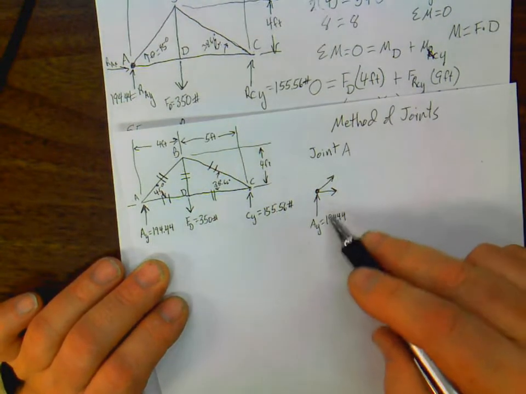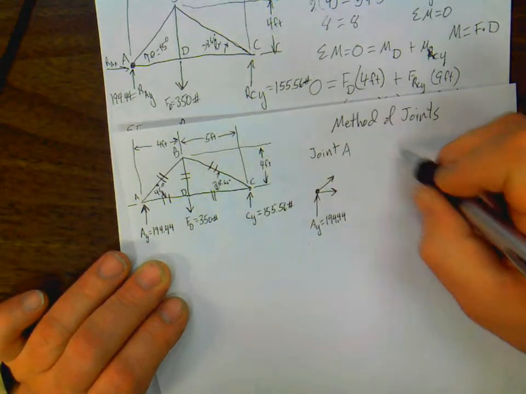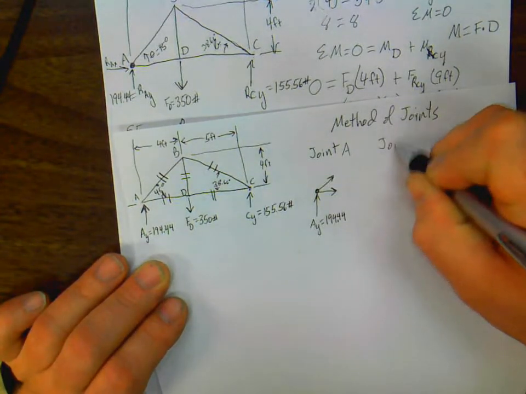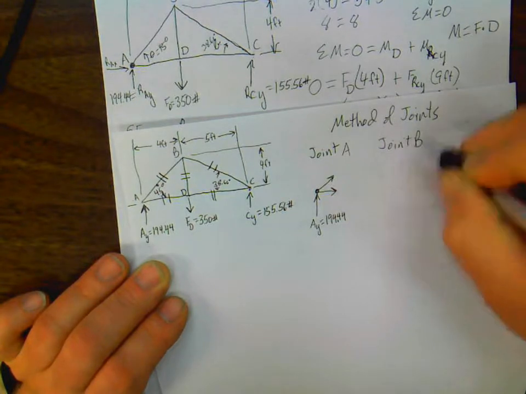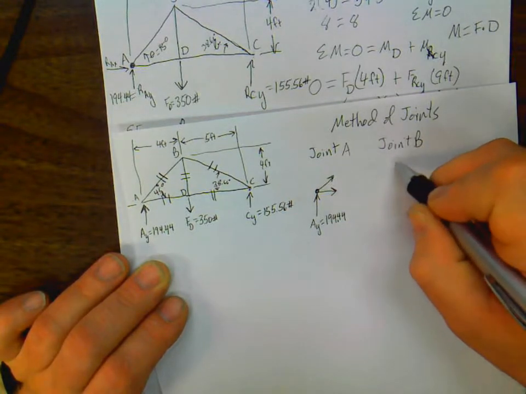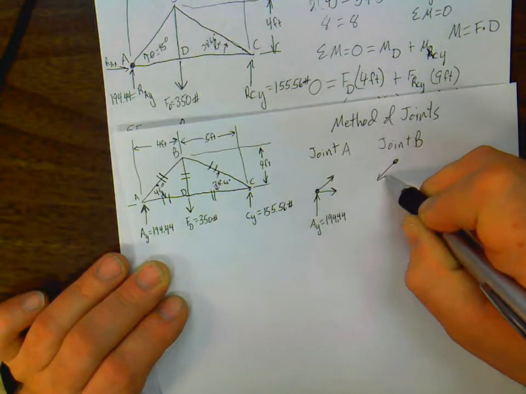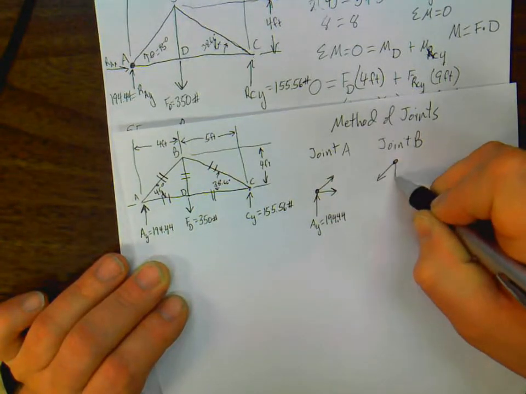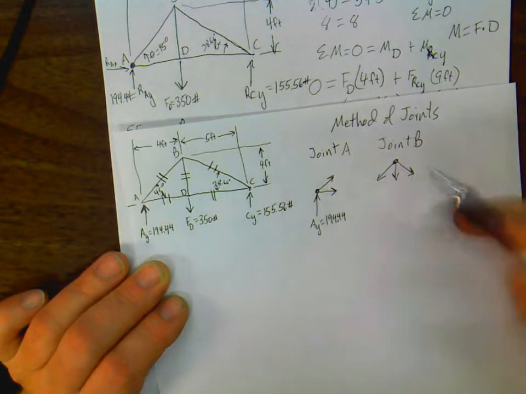So we're going to draw the free body diagram of joint A. We're going to draw the free body diagram at joint B. And at joint B, I've got a vector coming here, we've got one here, and we've got one here. No forces really applied on there that we know of, so not much help going on in there.